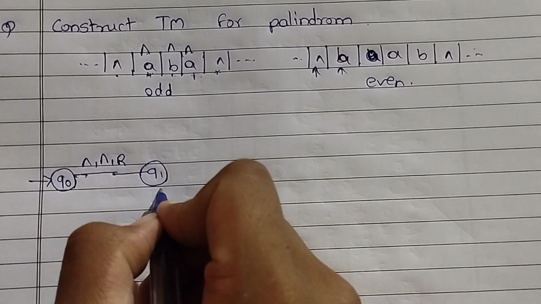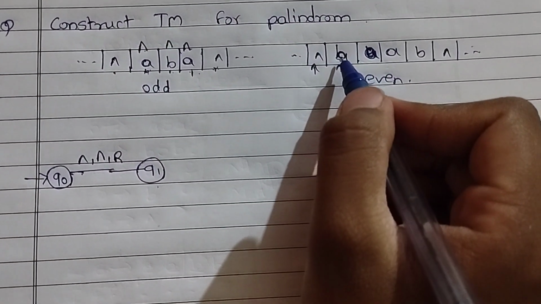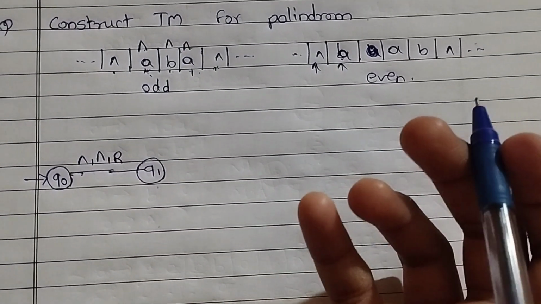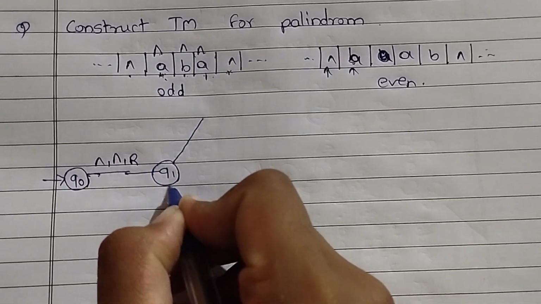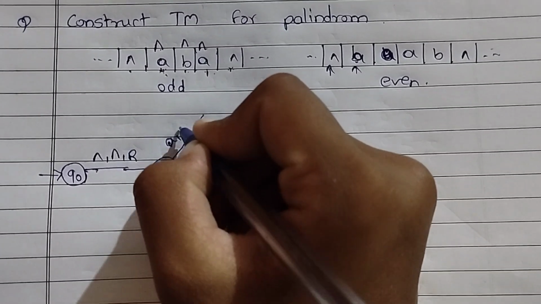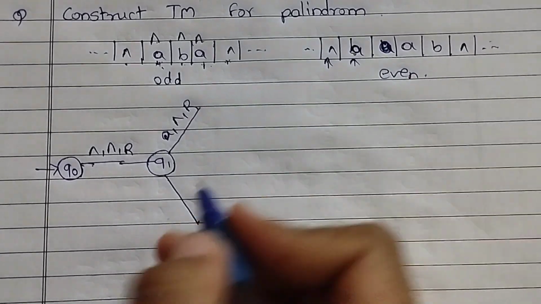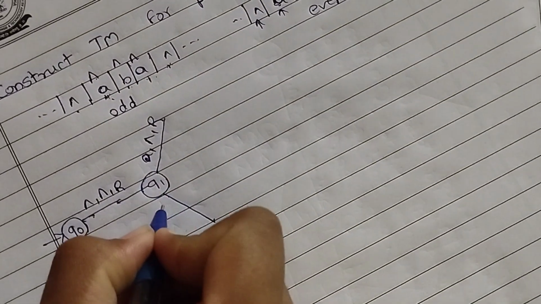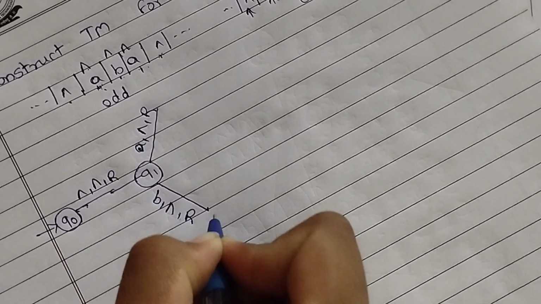In this Q1 state we have two options: either we read A or we read B, because the string can start with A and B also. Here for A, change this A with the null and move to the right side. And here if you read B, then transfer this B to the null and move to the right side.